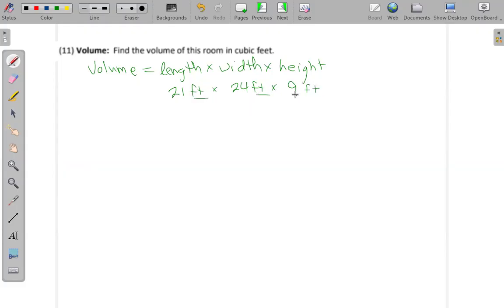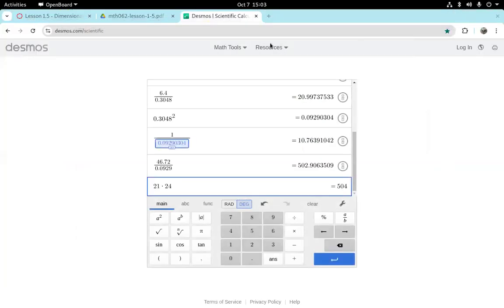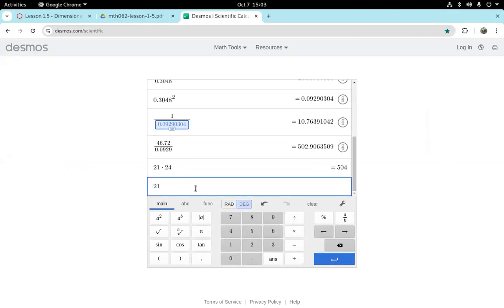And feet times feet times feet gives us feet cubed, which can also be called cubic feet. And we just need to multiply those three numbers. 21 times 24 times 9, 4,536.